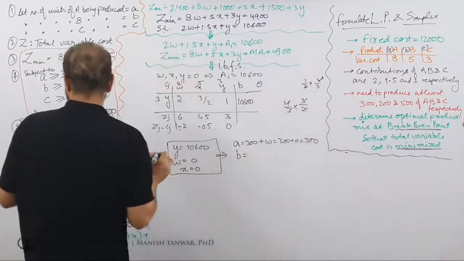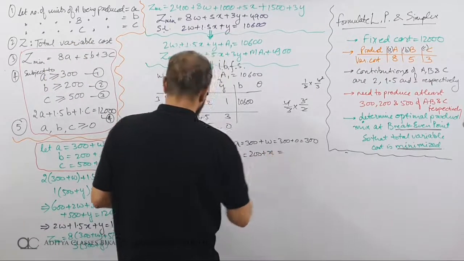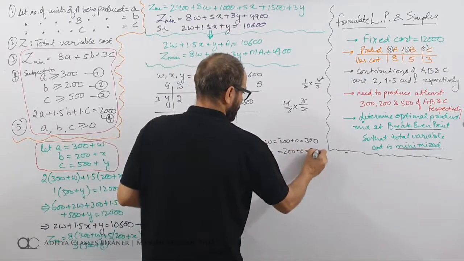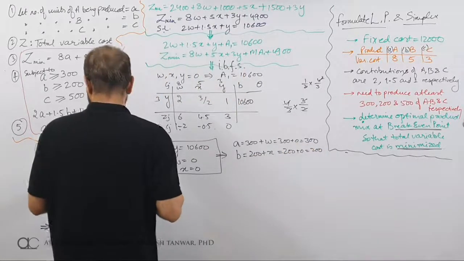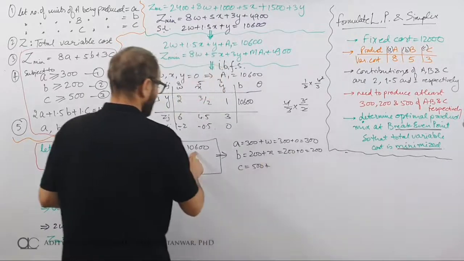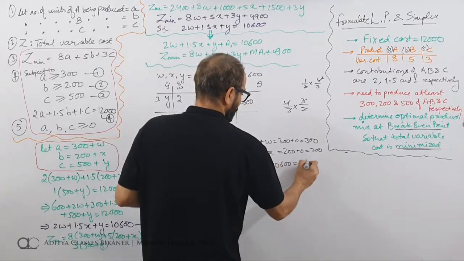Similarly, number of units of B, 200 plus x, x is again 0, making it 200. Then C is 500 plus y, that is 10,600, making it 11,100.